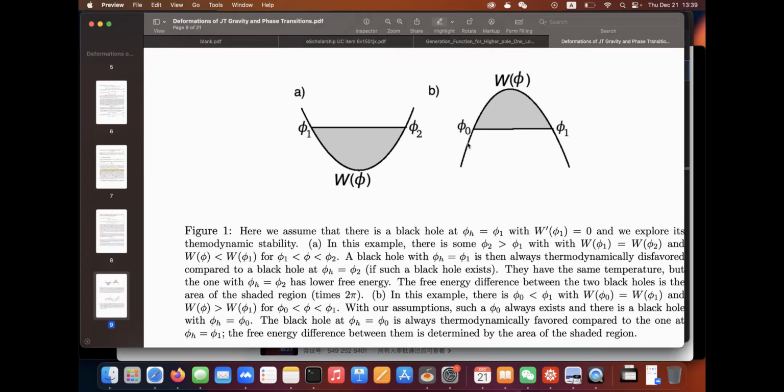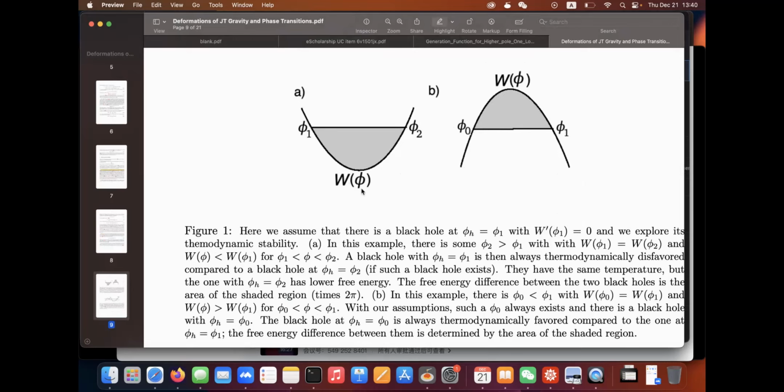One important conclusion is that at first we need to know that W_H at phi h should be positive, because we have an integration from phi h to any other point, which should be positive. So W at phi h must be positive. Okay, this is the first case.